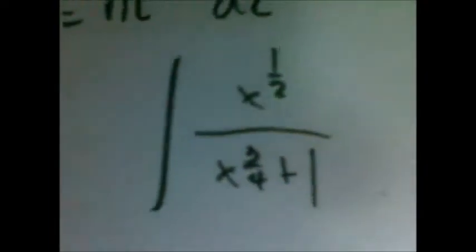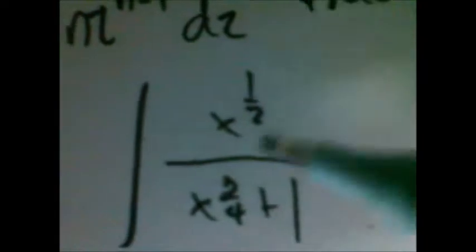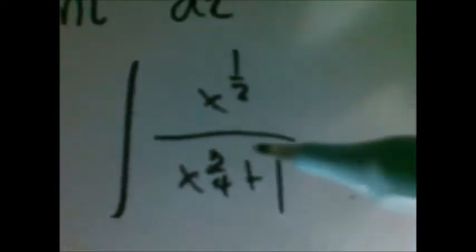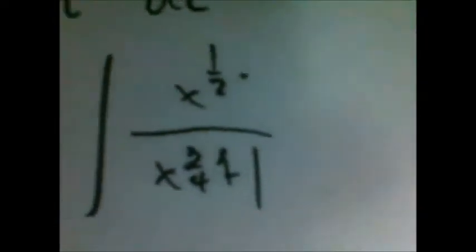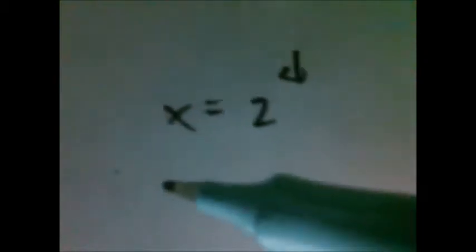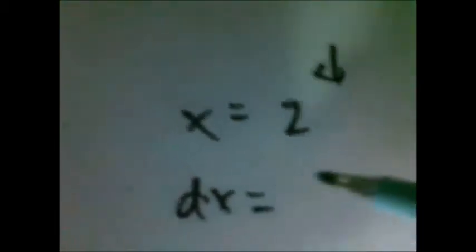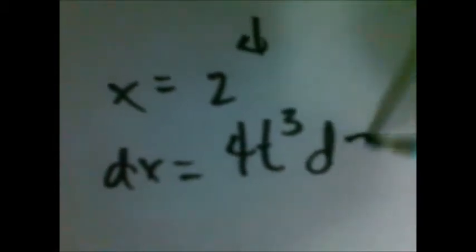For example, we have x raised to 1/2 over x raised to 3/4 plus 1. With the least common denominator of these two, we shall have x equal to z raised to 4 and dx equal to 4z raised to 3 dz.